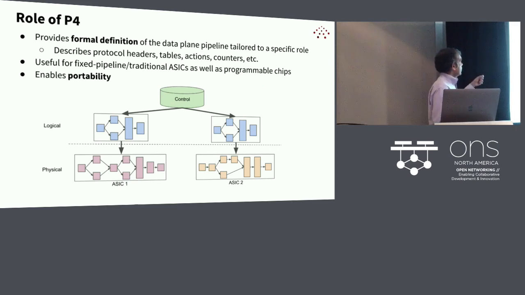You could have a programmable ASIC, or you might have a fixed pipeline ASIC. What P4 gives you is the logical view of the network intent, and your backend, based on the switch provider, implements that in the respective hardware pipeline.